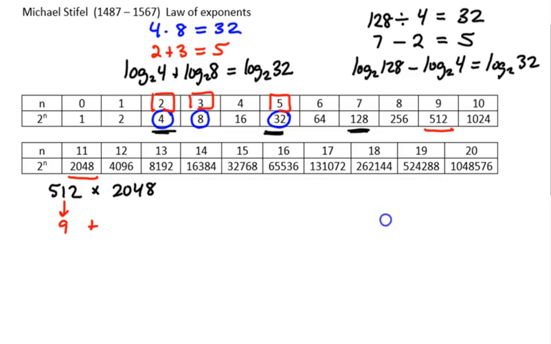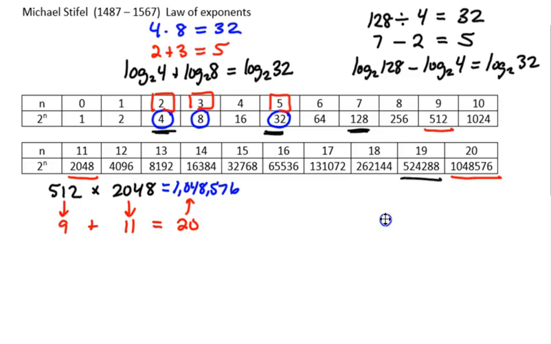The log base 2 of 2048 is 11. I add the logarithms and I get 20. So that means that the answer when I multiply is just going to be 1,048,576. So that's a lot faster than multiplying it out by hand. It's a shortcut.